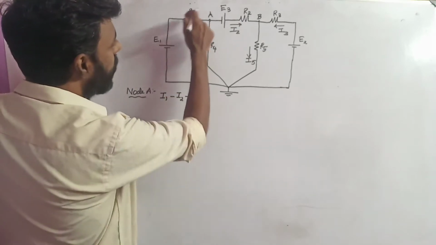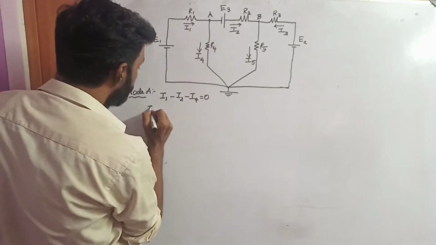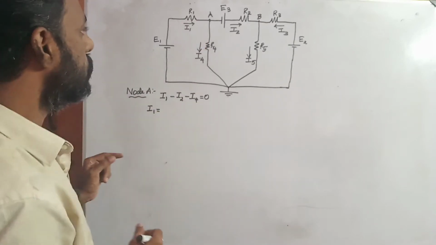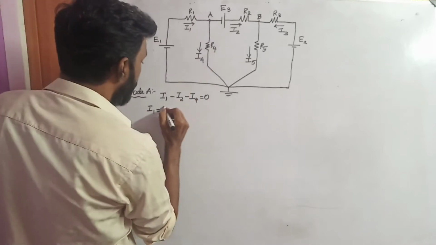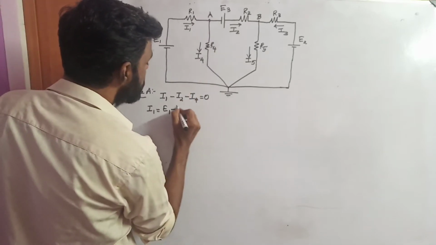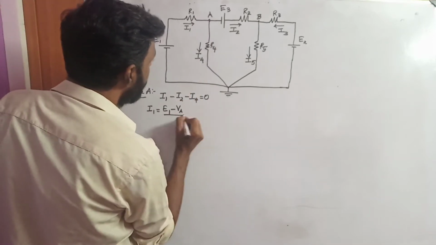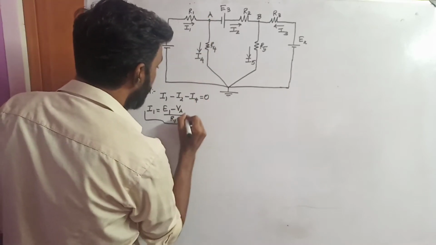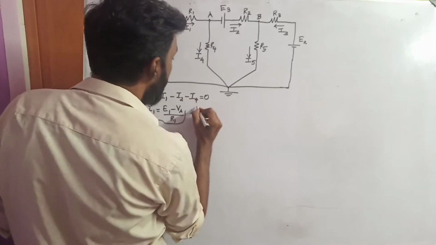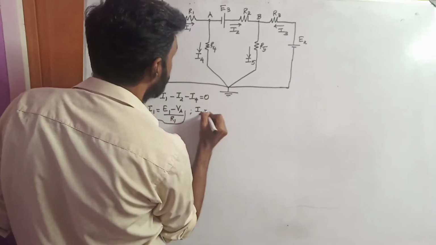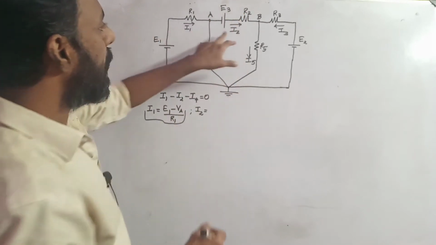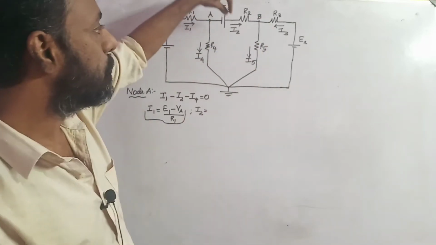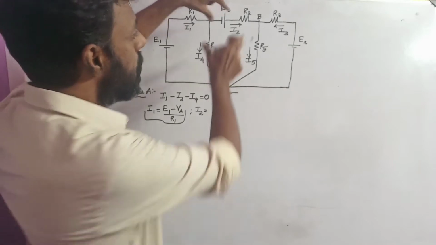So now I am going to find the value of I1. I1 will be E1 minus VA divided by R1. This is the value of I1. Similarly, the value of I2: you have two different nodes here and you have a battery supply and EMF source in this branch.